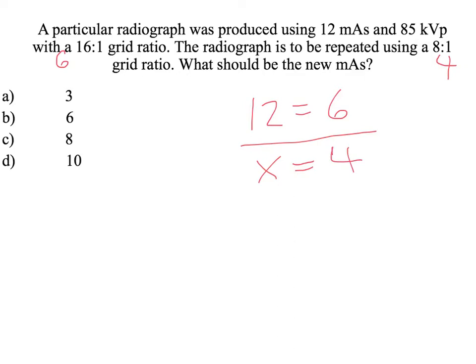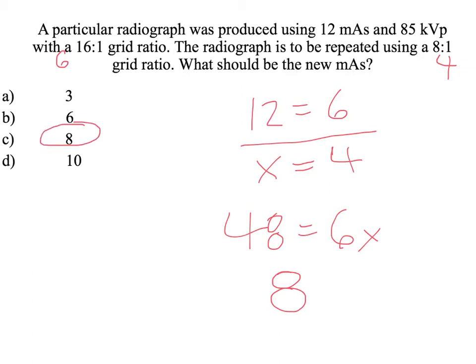So we can cross multiply then. We're going to say 12 times 4 equals 48 equals 6x. 48 divided by 6 is going to give us 8. So we were able to decrease our mass to 8 mass.